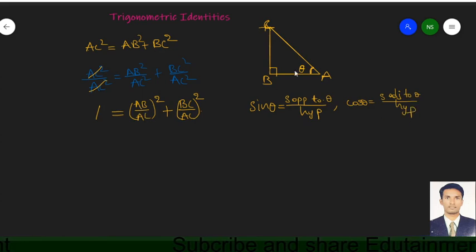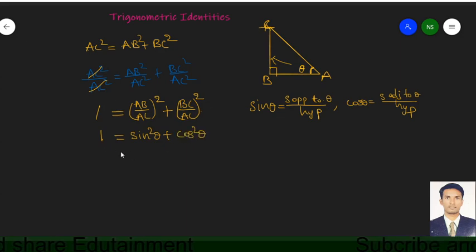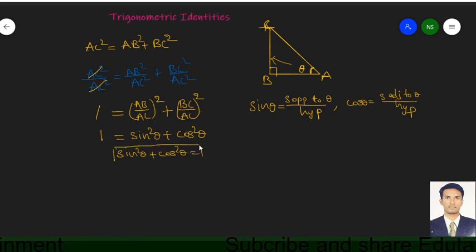So here AB is opposite to theta and BC is adjacent to theta. AC is hypotenuse, the longest side in the right angle triangle. So we can write here 1 is equals to sine square theta plus cos square theta. So we got one identity, sine square theta plus cos square theta equals 1. Like that we find the first identity.